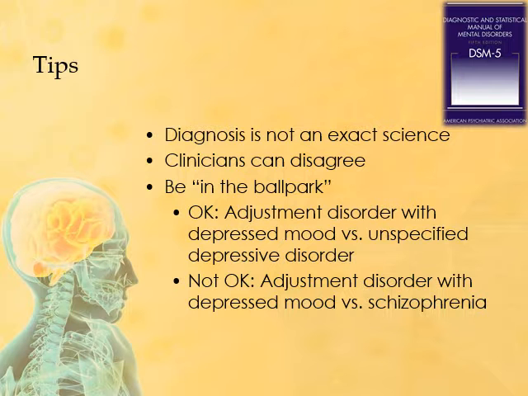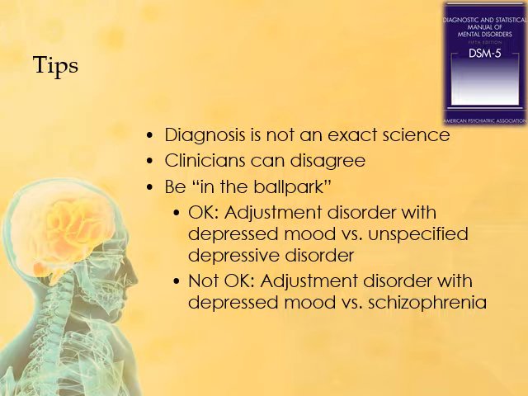So basically the difference is, in one case there's an identifiable stressor, in another case there isn't. The consistency between them is that there are depressive symptoms that don't meet the full criteria for major depressive disorder, otherwise that would be diagnosed. That is in the ballpark.